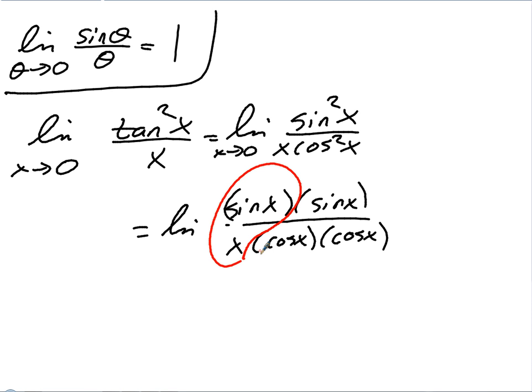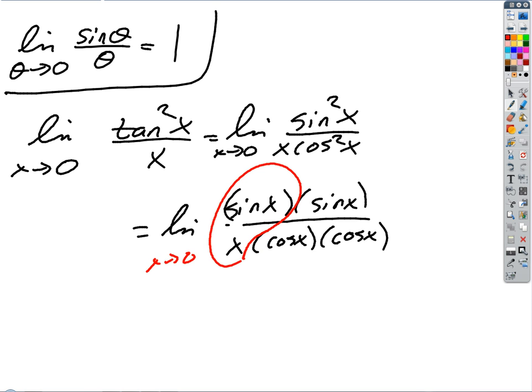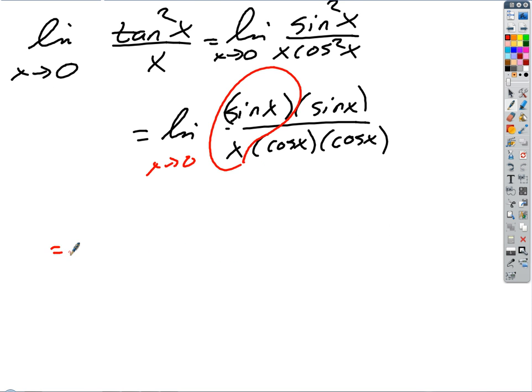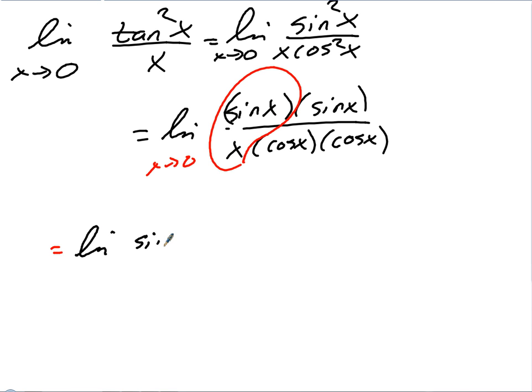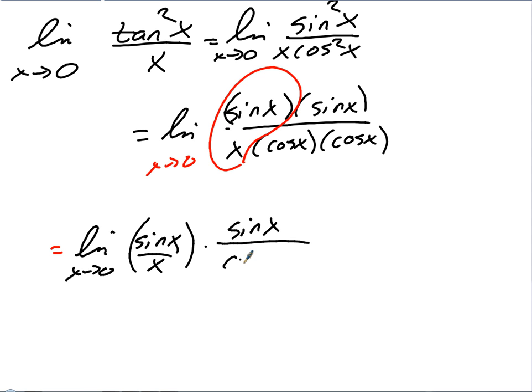Okay. So it looks like the limit of sine x over x as x approaches 0 times the rest of the stuff: sine x over cosine squared x.